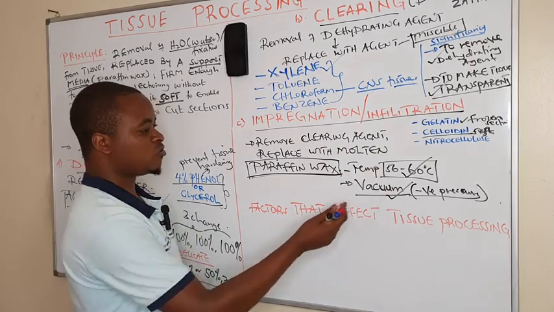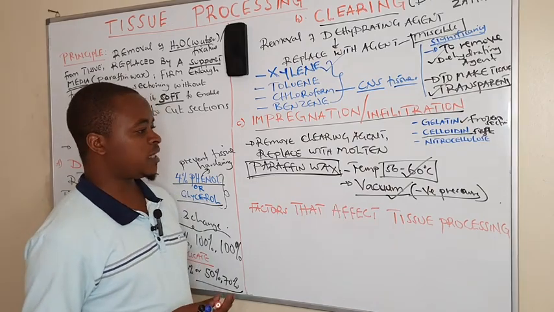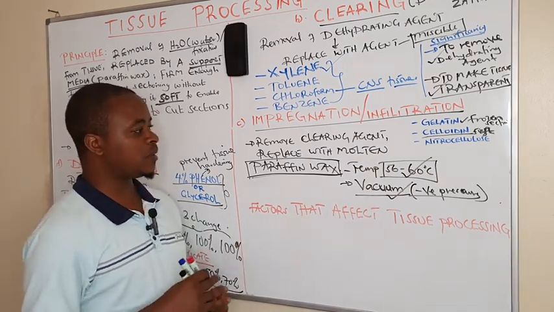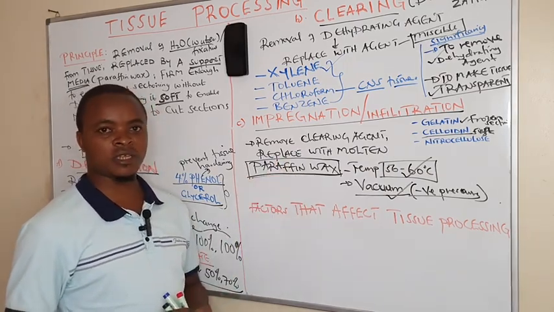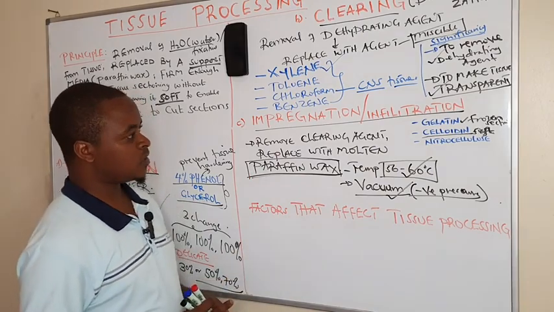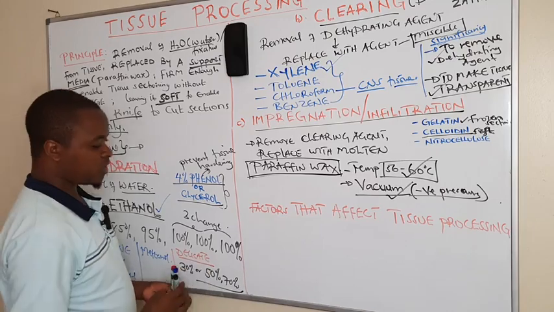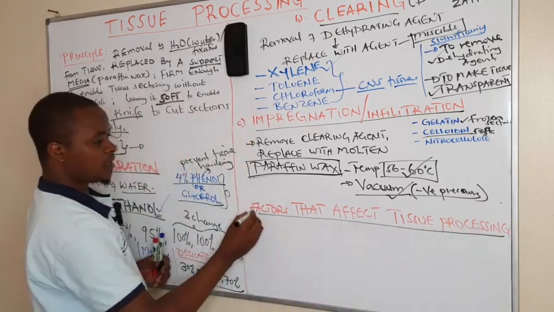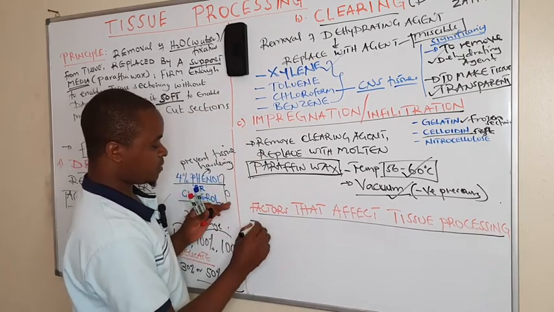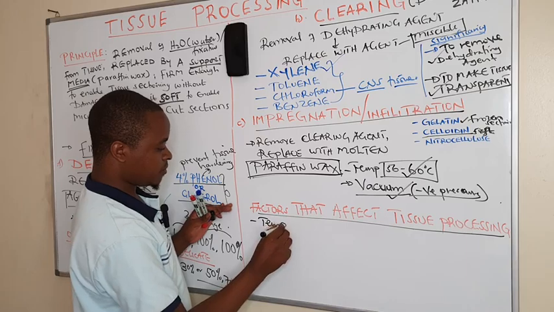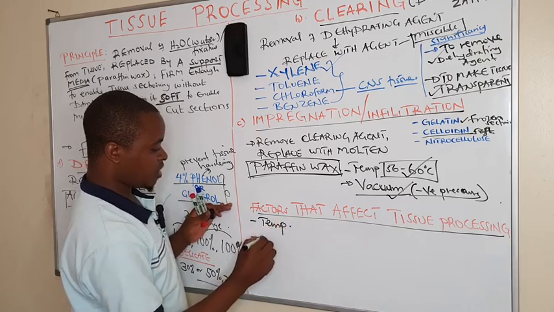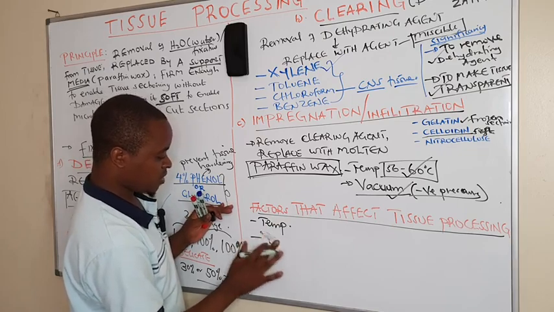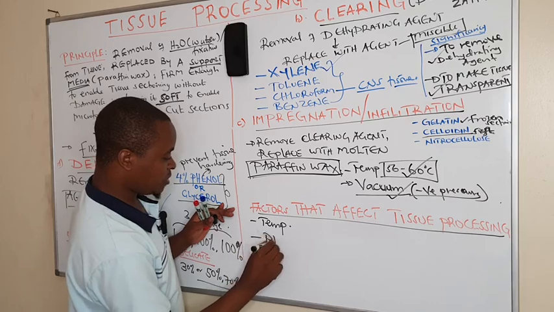And we have said the vacuum also determines this, then the size of the section also determines the rate of impregnation and even the density. So this will lead to the factors that affect tissue processing. One of the factors is temperature. We have temperature, we shall have vacuum, or we shall say pressure. Pressure being the point.